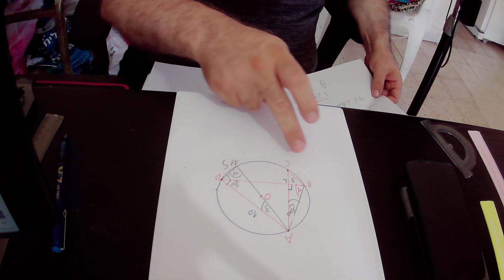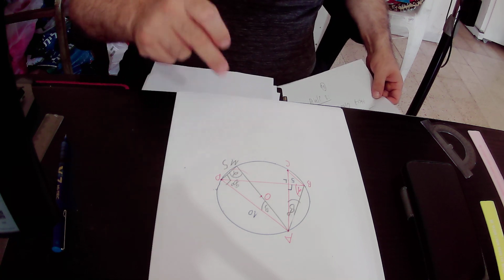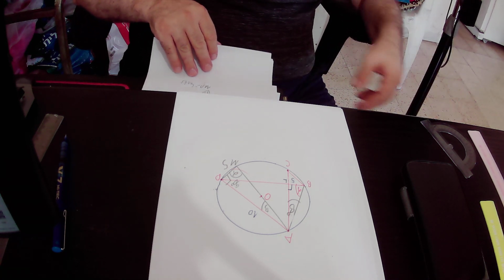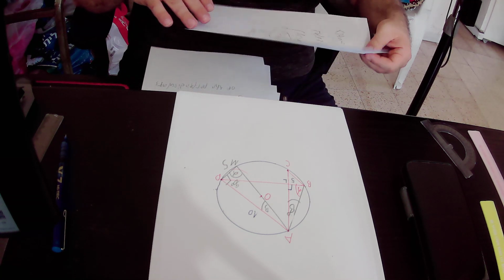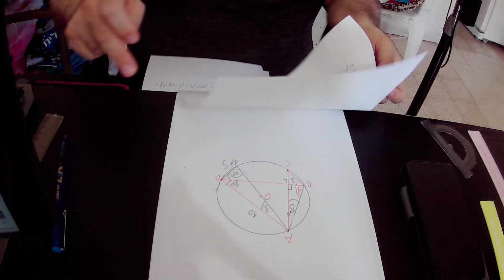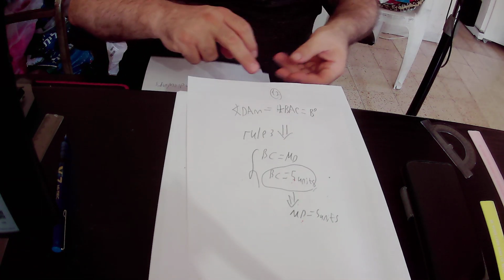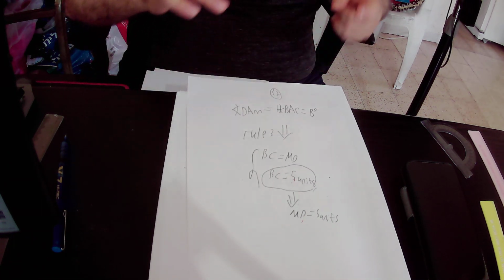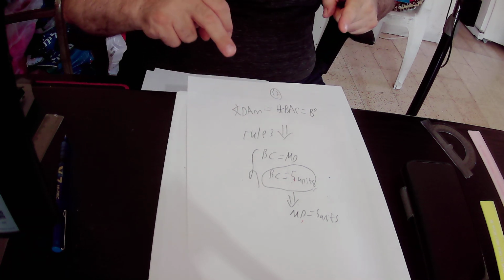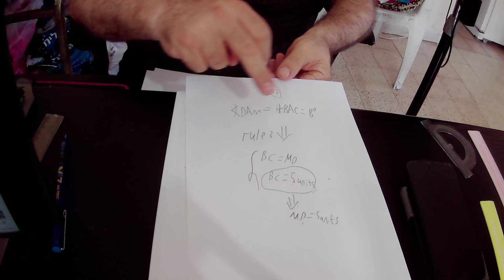That is to say, BC equals MD. So according to rule number 3, because those two angles equal beta, their chords also equal each other. So BC equals MD.